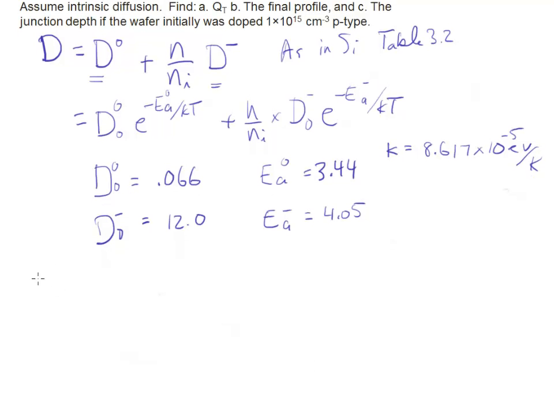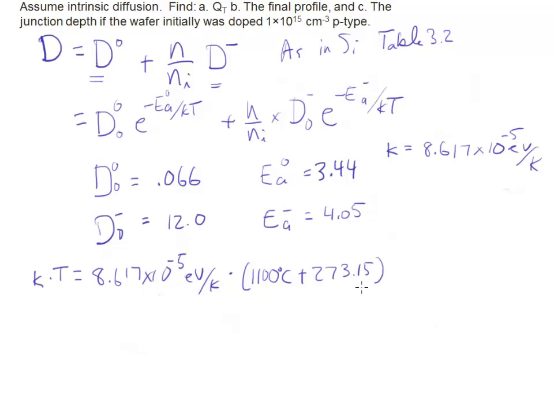So the kT, if I take k times temperature, remember temperature has to be in Kelvin, so I end up with 8.617 times 10 to the -5 electron volts per K times 1100 degrees Celsius plus 273.15 to convert to Kelvin.